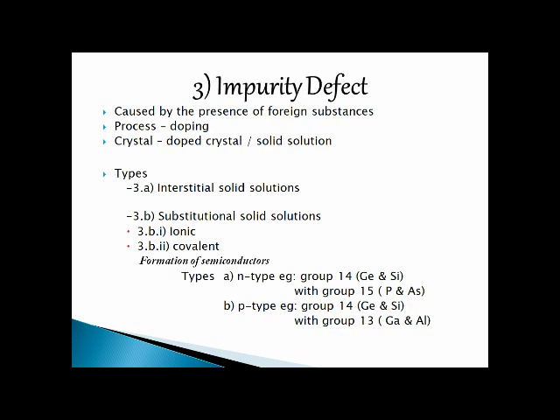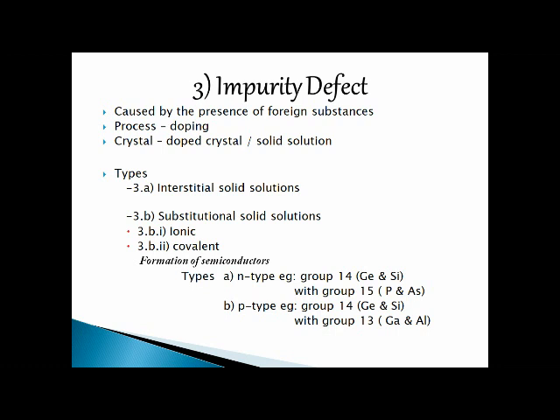Under substitutional solid solutions, we have two types. One is covalent, another one is ionic. Due to covalent substitutional solid solutions, semiconductors are created.